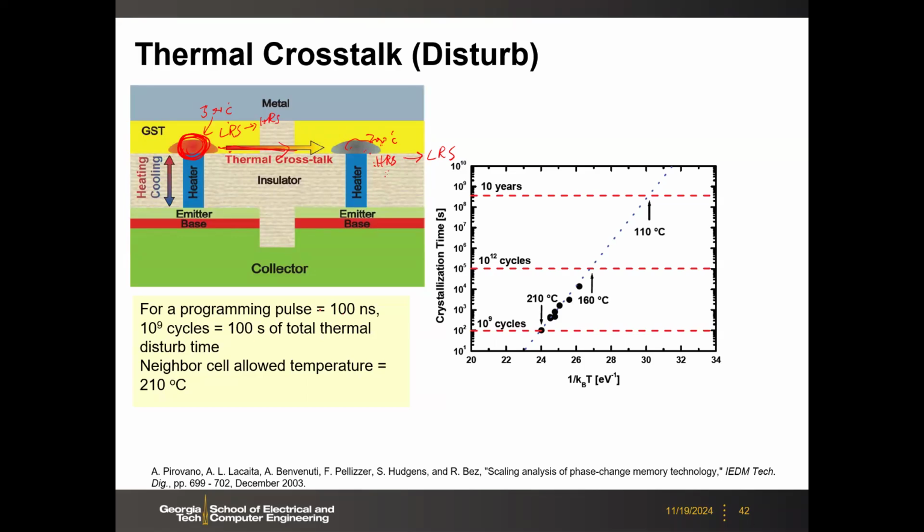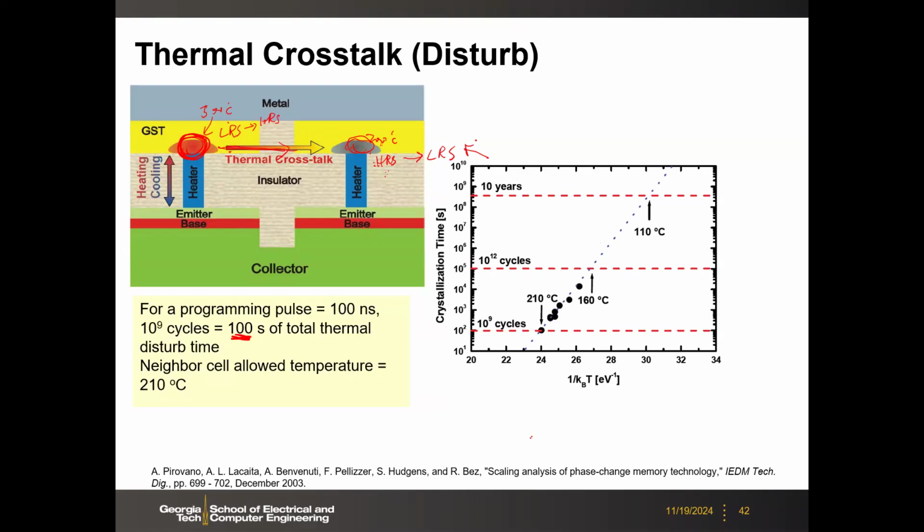For example, if you use a programming pulse of 100 nanoseconds and repeatedly do this 10 to the power 9 cycles, you are going to get 100 seconds total thermal disturb time or stress time to this cell. Then you have to go back to this 1 over kT plot to look at the retention time for this cell.